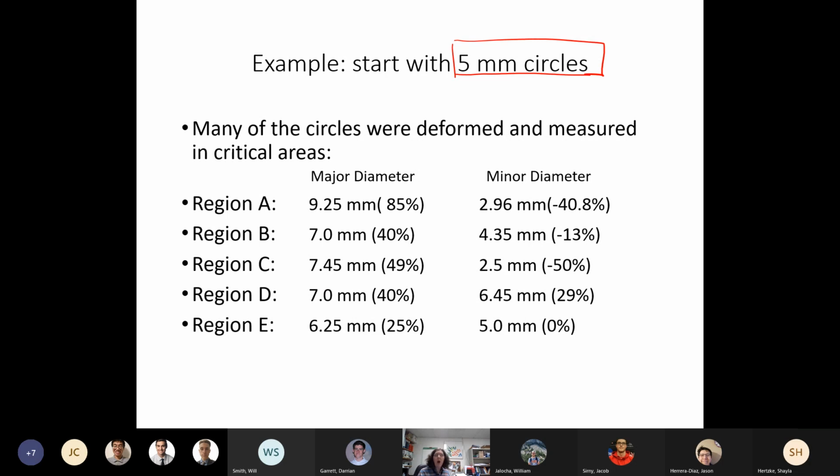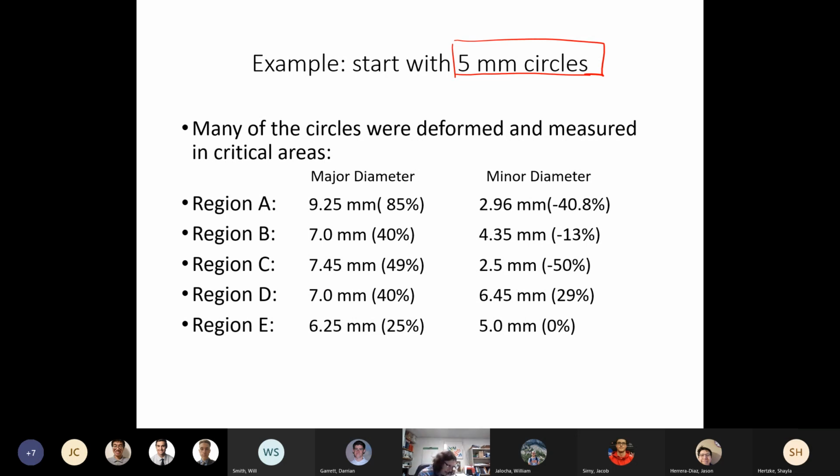After we deformed this part, we determined that this is the amount of deformation that was needed. And so we have 5 points that we are going to graph.